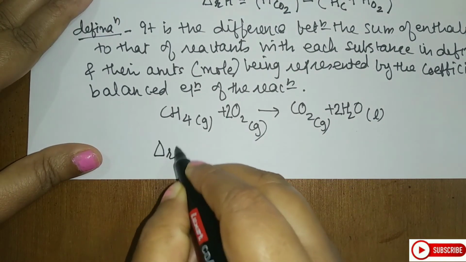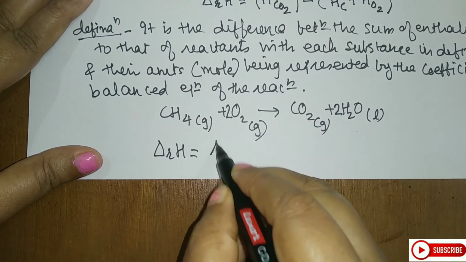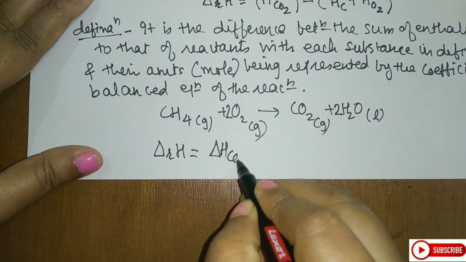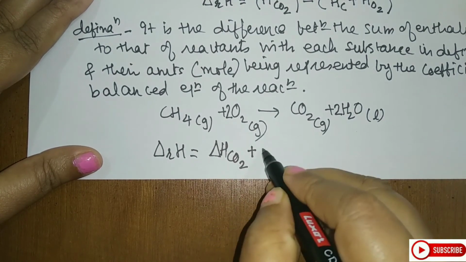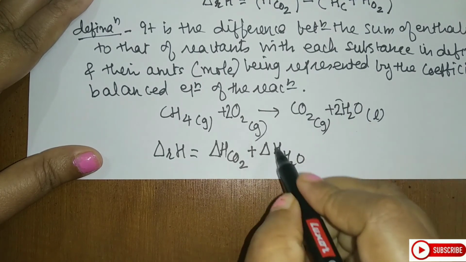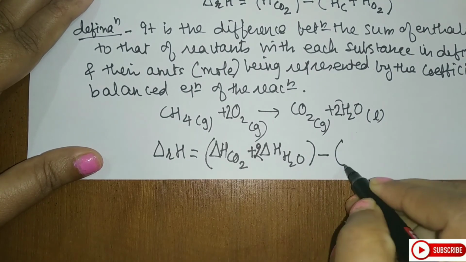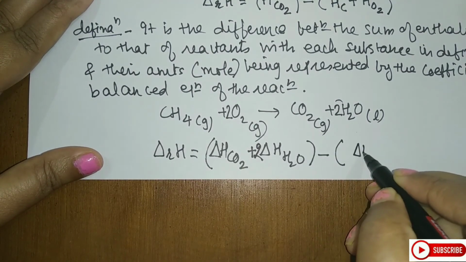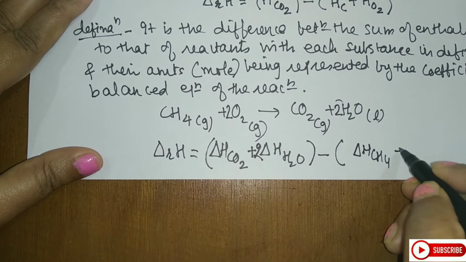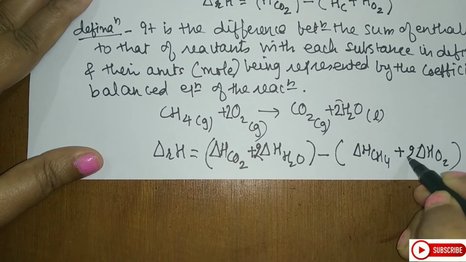Now how will you write this? It will be 1 times the enthalpy of carbon dioxide plus the enthalpy of water. Now here it is 2, so it will be 2 times, so this is the product side, minus the enthalpy of methane, it's 1 time, so it will be 1 here, plus the enthalpy of oxygen, which is 2 times here.